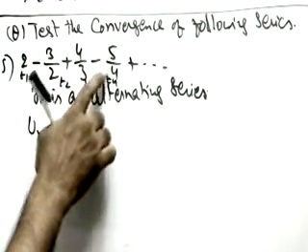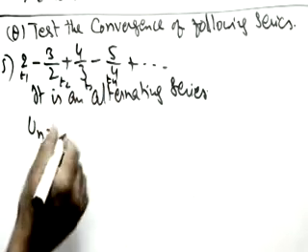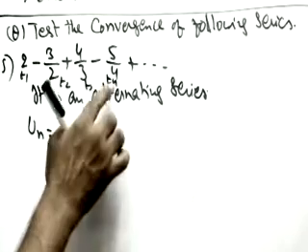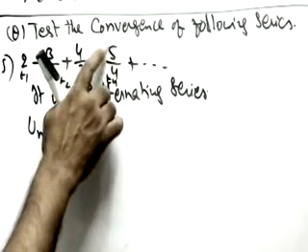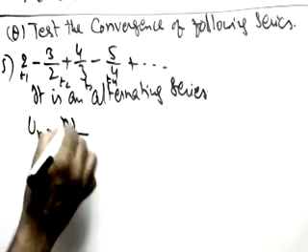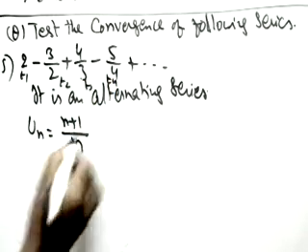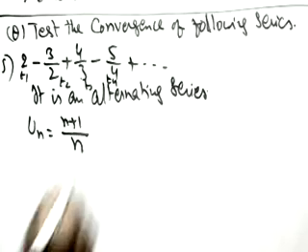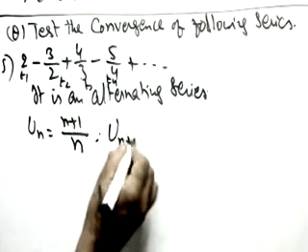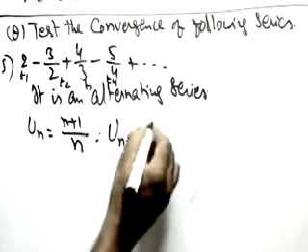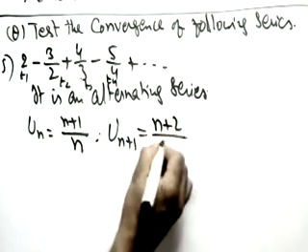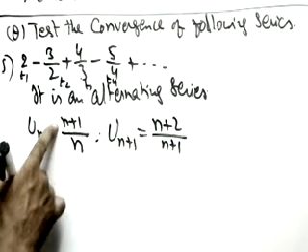For the fourth term, you have 4 here, so for the nth term it will be n. But here the 4 is increased by 1, therefore the nth term is n plus 1. So this is the nth term of the series. Now what will be un plus 1? In place of n you write n plus 1, plus 1, so it will be n plus 2.